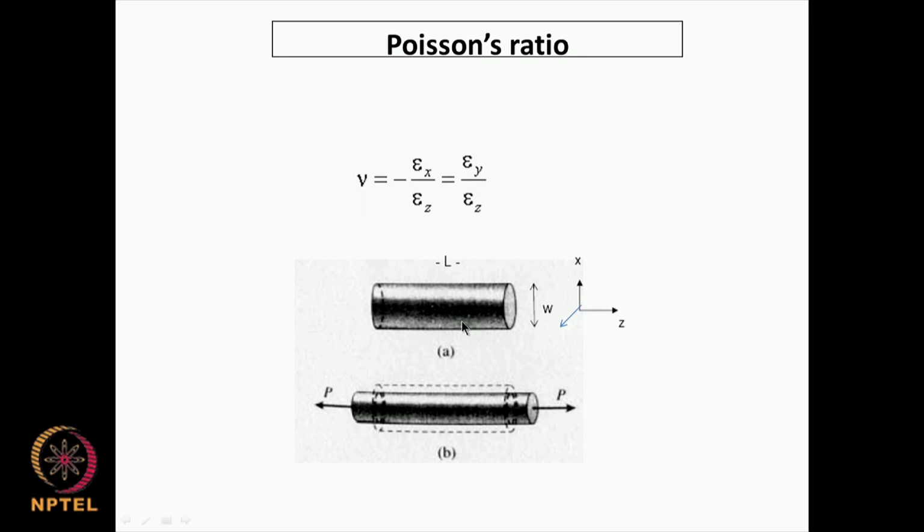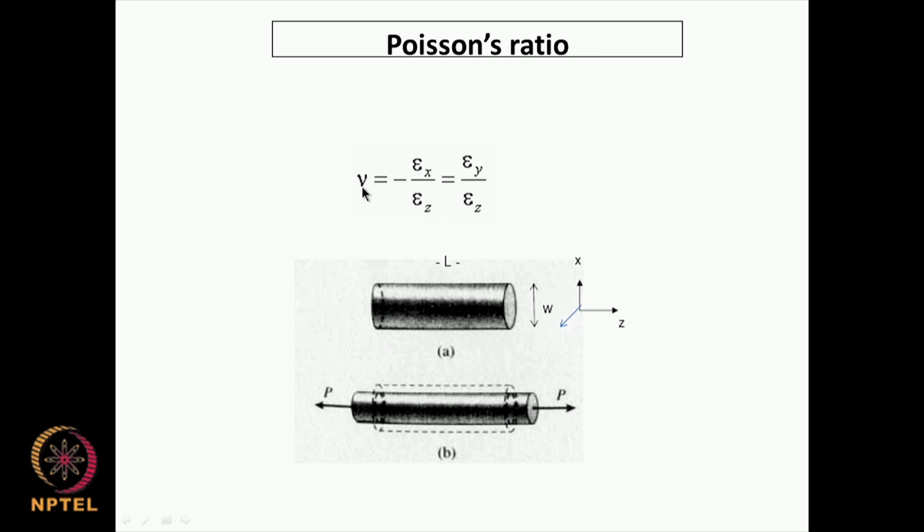Poisson's ratio: suppose you have a rod and you are pulling the rod by applying forces in either direction, then obviously there will be a strain, that means there will be an elongation of the rod, and simultaneously in the other direction, the z direction, there will also be some change, because of the elongation. That ratio is called the Poisson's ratio.